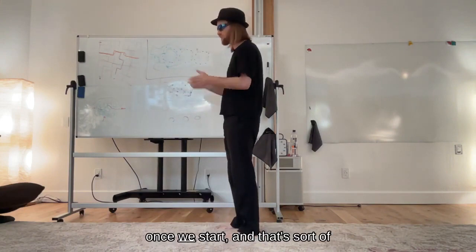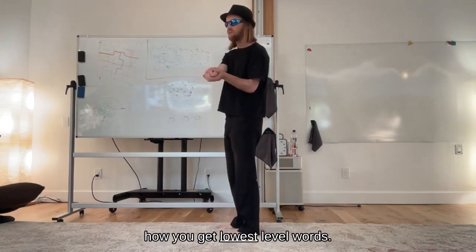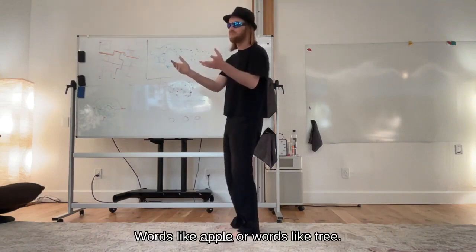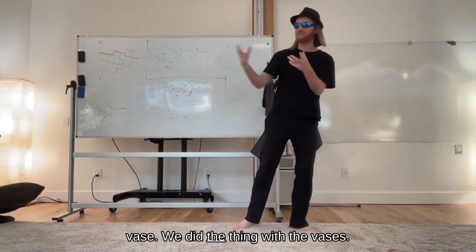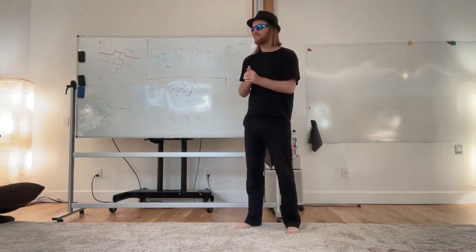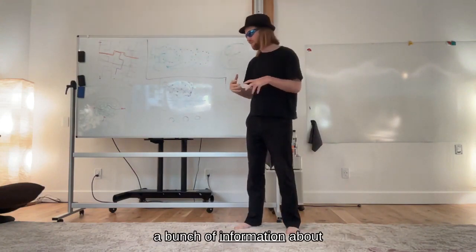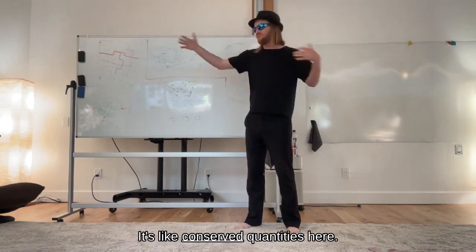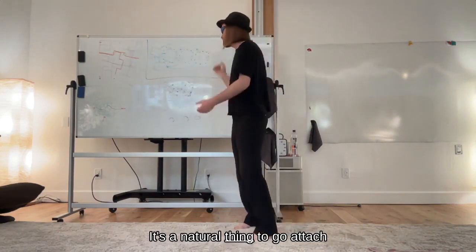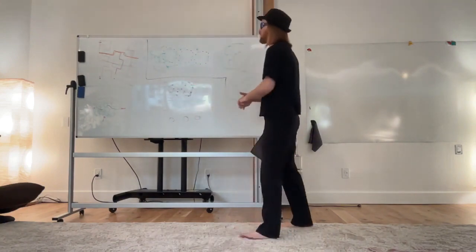And that's sort of how you get lowest level words, like words like apple or words like tree, right? Or like vase. We did the thing with the vases earlier, right? Yeah. I get a bunch of information about lots of different apples by observing one apple. It's like conserved quantities here. So it's a natural thing to go attach a word to.